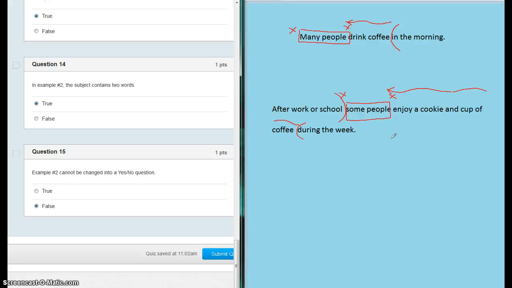And the definition of a sentence really is it's a group of words that can be changed to a yes or no question. Do some people enjoy a cookie and cup of coffee during the week after school or after work or school? Yes. So the answer is false for number 2, because all sentences can be changed to a yes or no question.